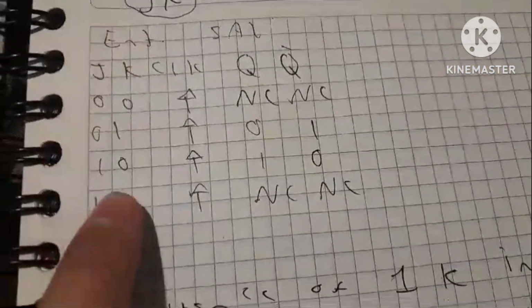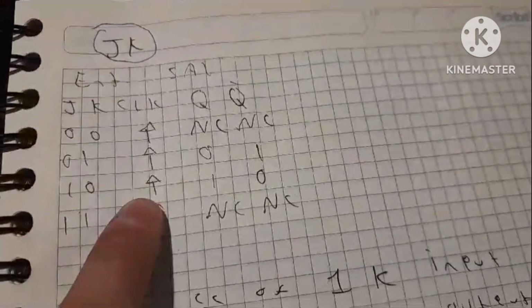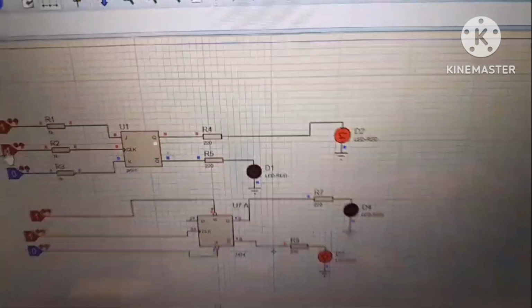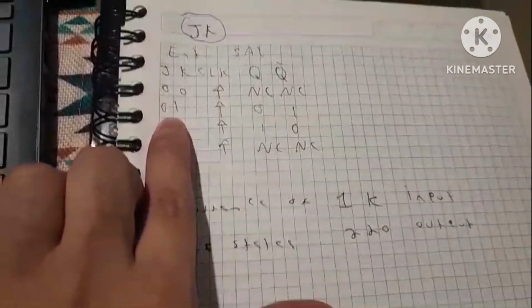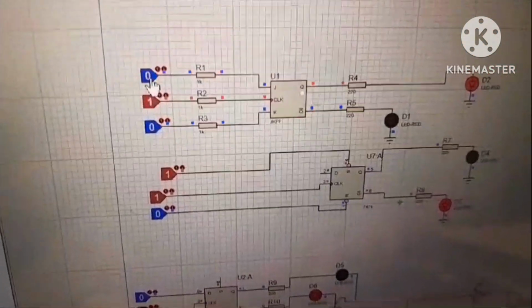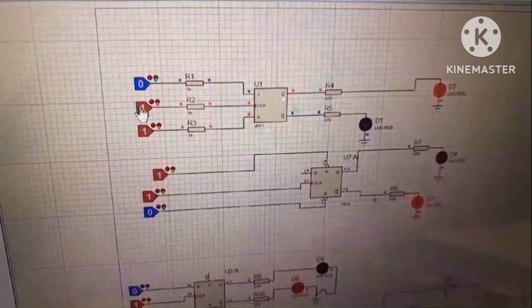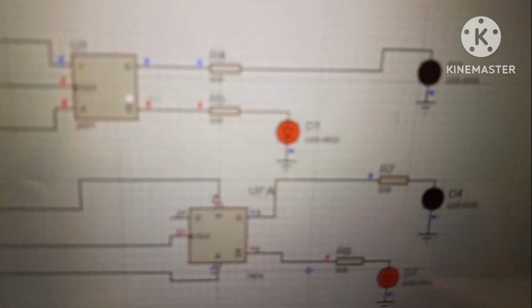J is activated, K is 0, clock is also activated, so we are going to have the output Q on. And in the opposite case, when we have the letter K on, we deactivate this and activate this, and we reset with the clock, and the letter Q is going to be that.